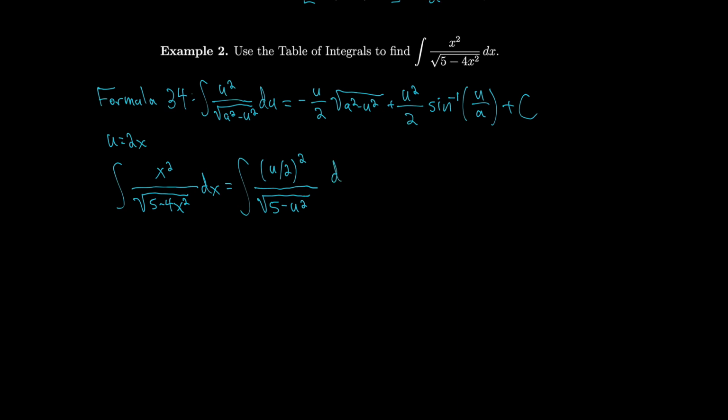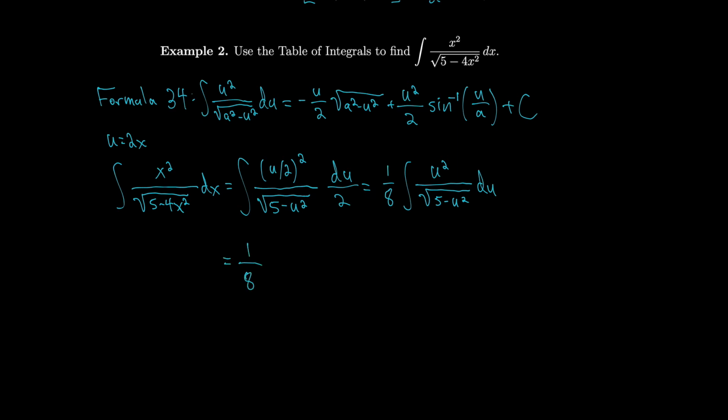And then du is 2 dx, so du over 2 is equal to dx. So we get 1/8 times the integral of u squared over the square root of 5 minus u squared. And we use our formula.